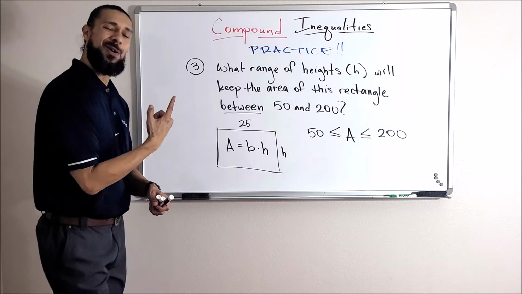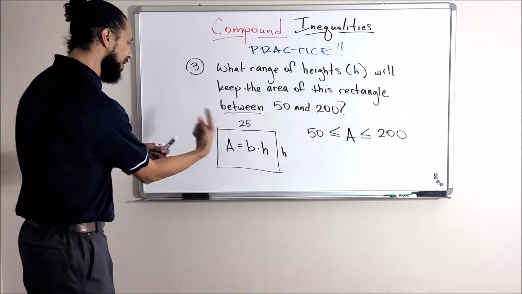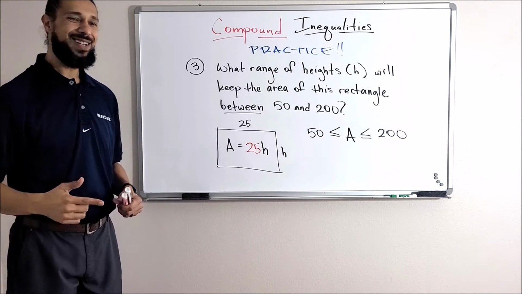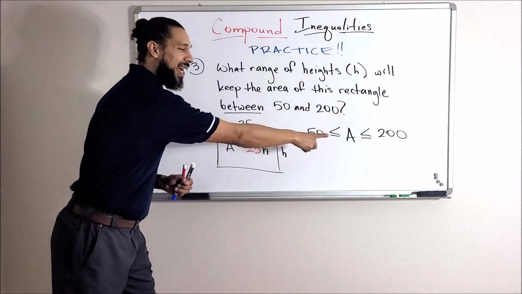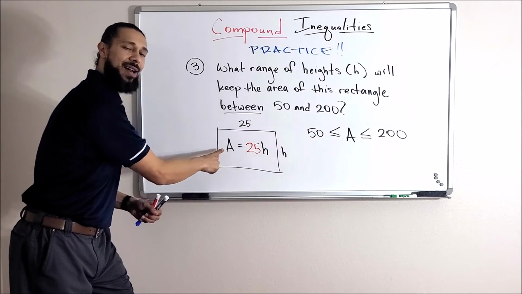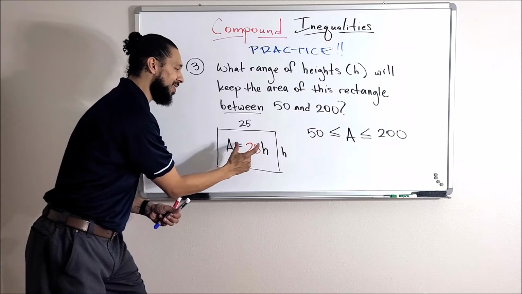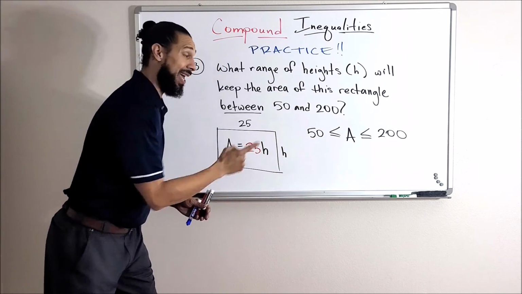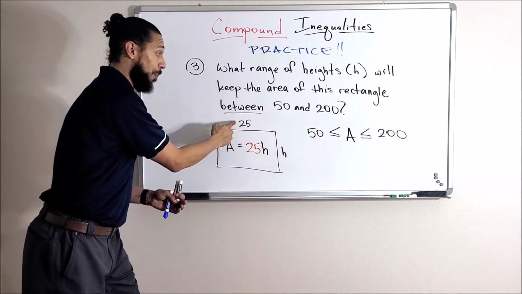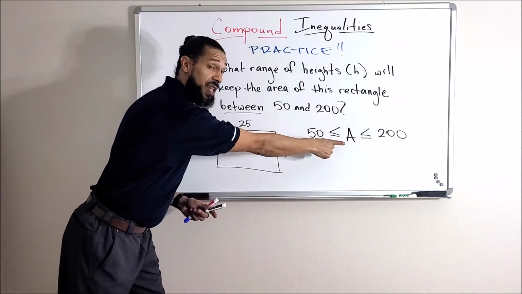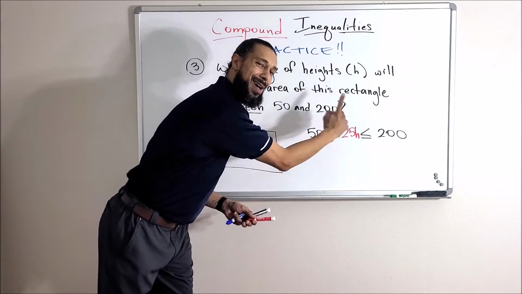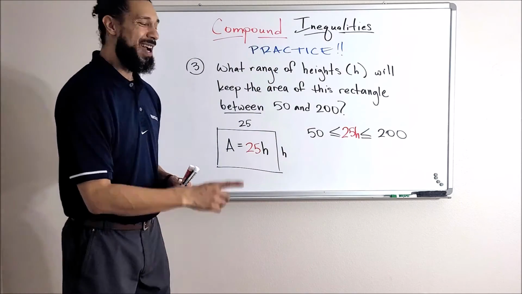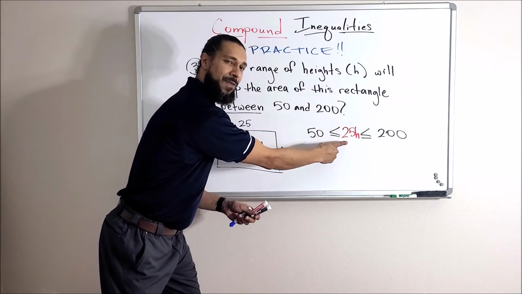But wait a minute, don't we know the base of this rectangle? It's 25. So if I got an A here and I got an expression for A here, can I take this 25 times h and replace that A with it? The area of my rectangle, after all, is base times height. And did we just talk about how we can get that variable by itself?